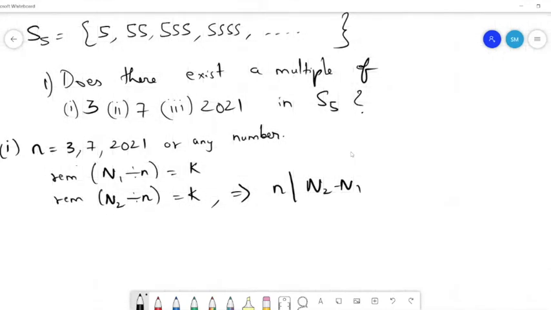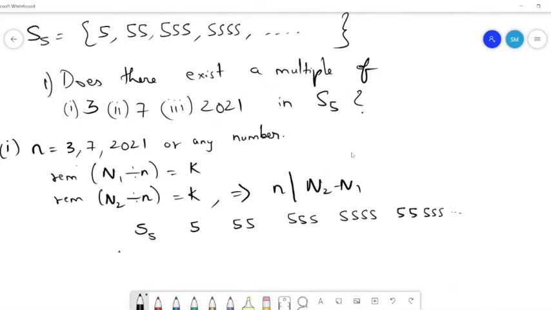This is one thing that we know. And I had mentioned the Pigeonhole principle. So we will see what we can do. Now let us take this sequence S5, 5, 55, 555, 5555, and so on.